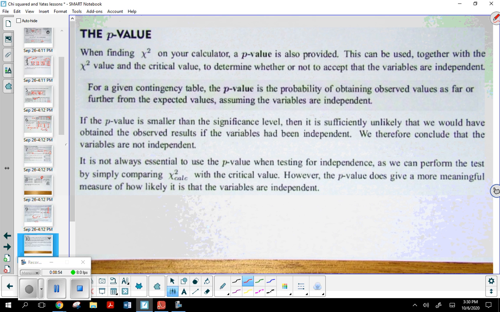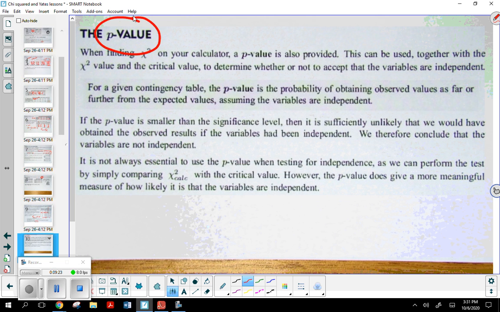But the last time we had paper exams, not this past one because back in May they were, of course, canceled due to COVID, but the year before that, they actually had a problem on one of the paper exams where you were not provided a critical value. They did not provide the table, but you could still solve the problem using the p-value. Okay, so that is definitely something we want to keep in mind, and I'll show you what I mean as soon as we get to an example.